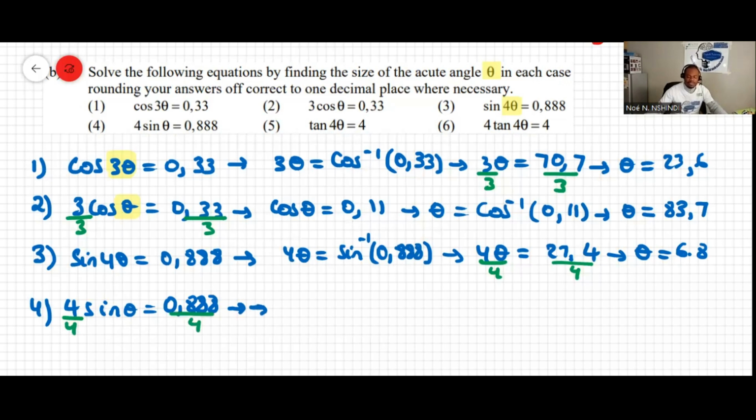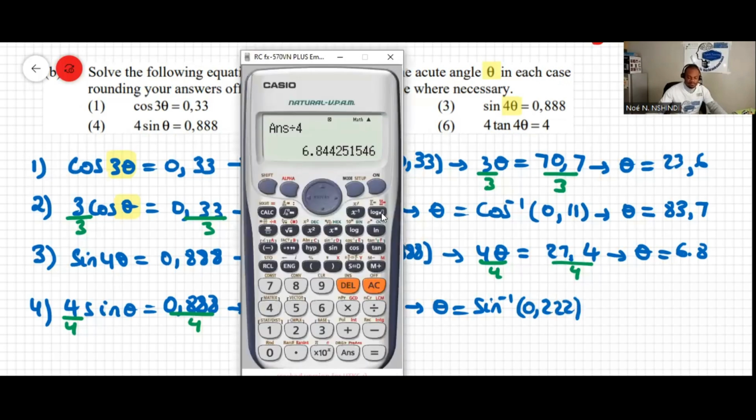Doing that, sin theta will be equal to 0,222. Then theta will be equal to sin minus 1 of 0,222, and we do that on the calculator.